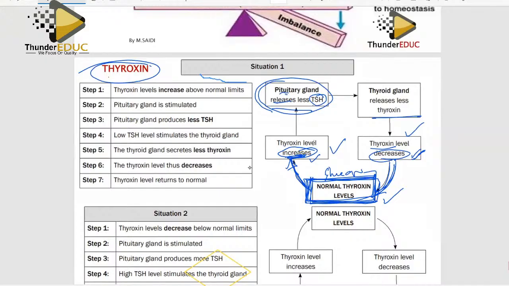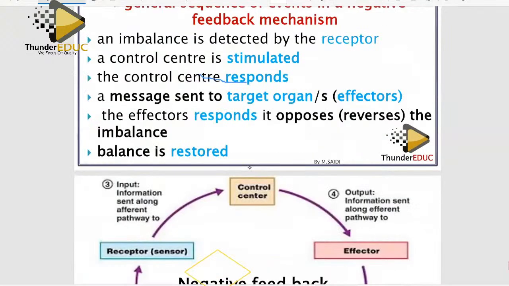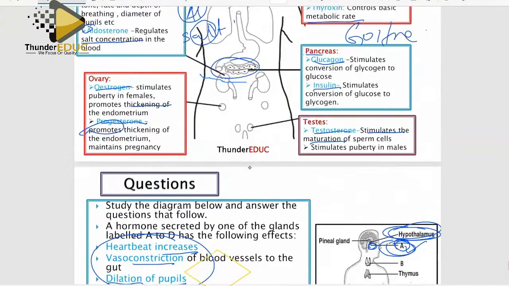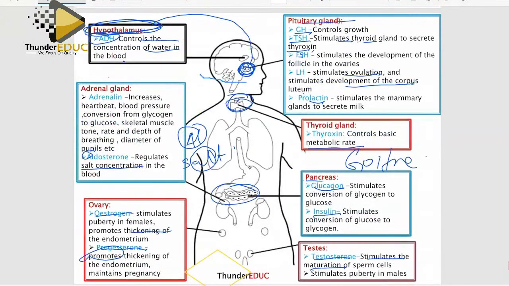Remember this is TSH, thyroid stimulating hormone. Let's go back here. The function of the thyroid gland is to produce thyroxine. When I have TSH, this hormone will stimulate the thyroid gland to produce more thyroxine.